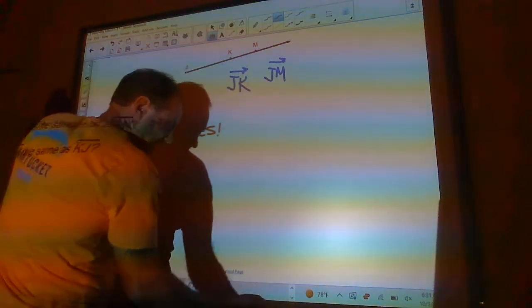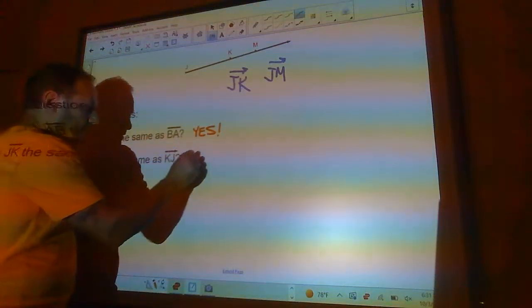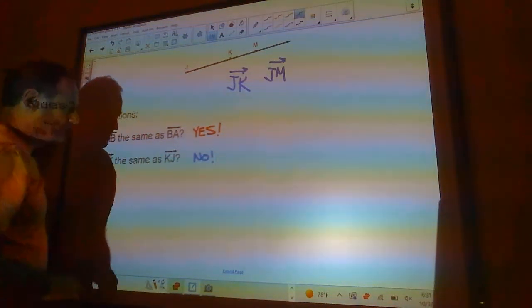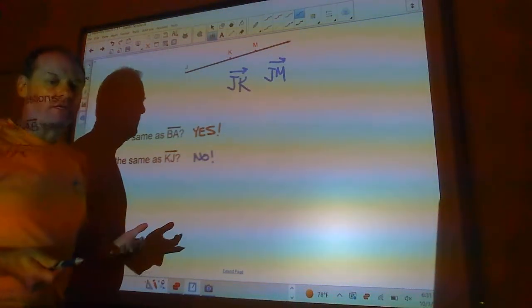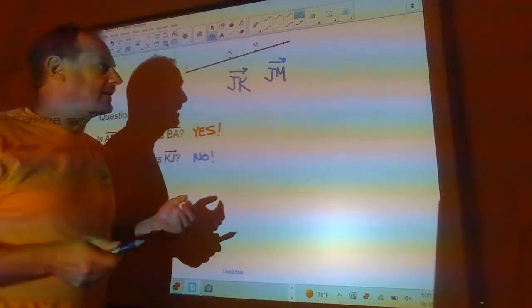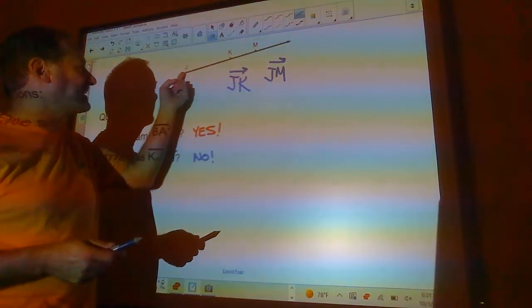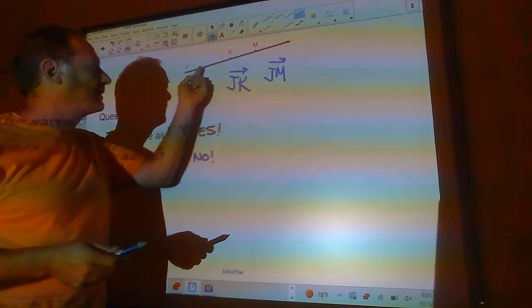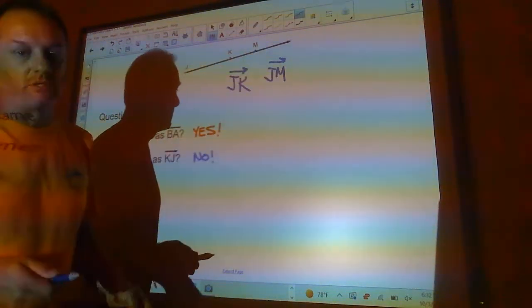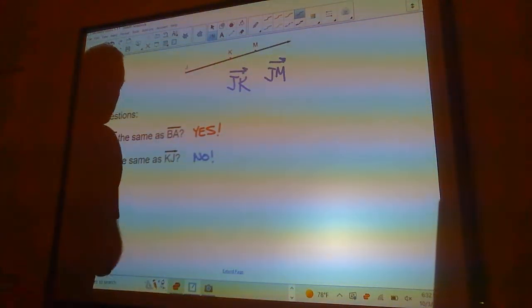And the answer to that is, of course, no. They go in opposite directions. You can think of a ray, it's called a ray, because it's something that starts at the sun, like a ray of sunlight starts at the sun and goes on forever in one direction. That's what a ray does.